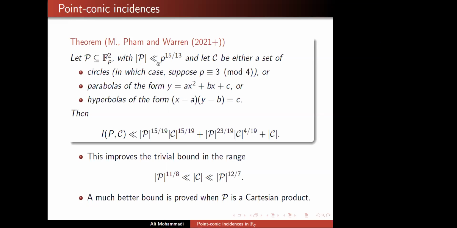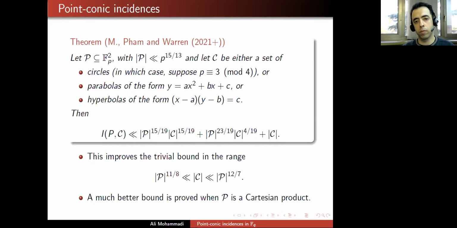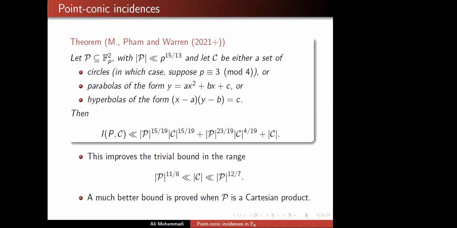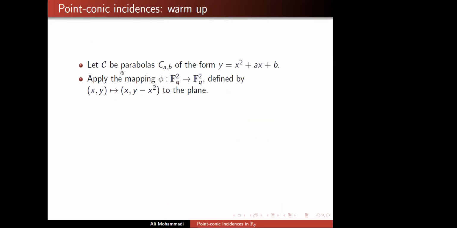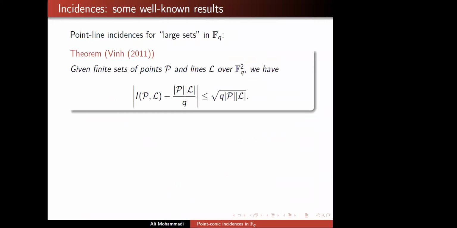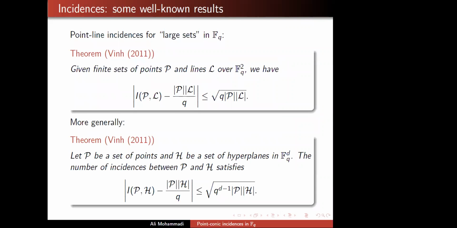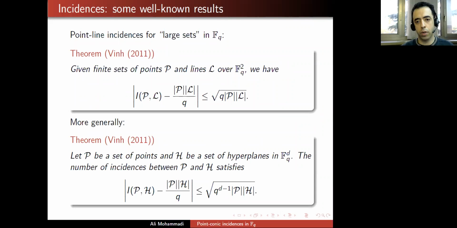I see. This is the latest result and the main focus right now. And I was referring to, maybe, was it again point-conic? Maybe the first slide had F_q in it.